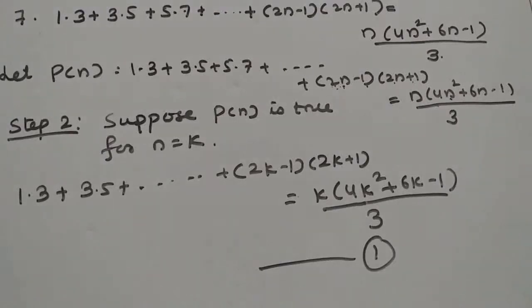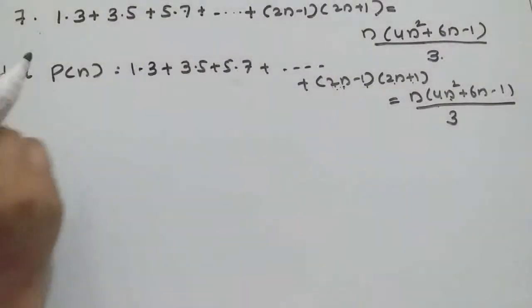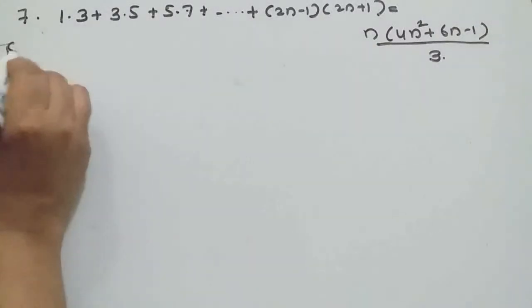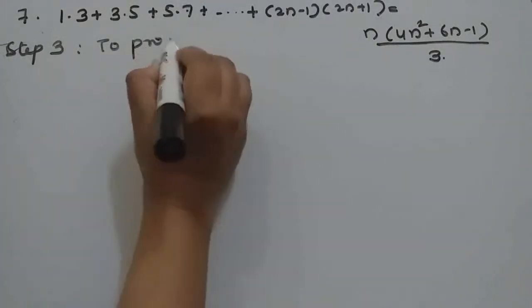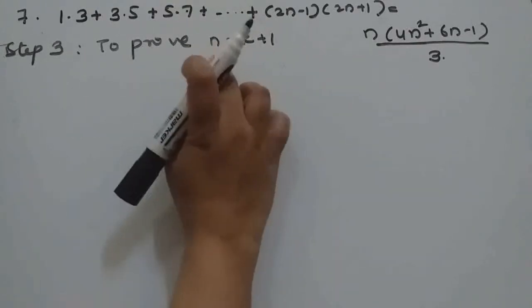Now the third step is what? Step 3 is to prove for n equal to k plus 1.